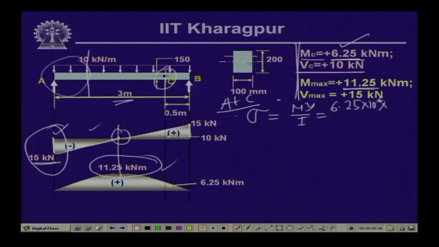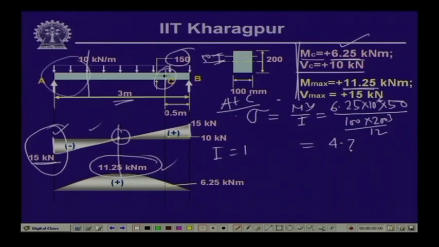Y is at a distance of 50 from the neutral axis, because this is 150 from the bottom. So, this is 50 divided by I. I is equal to 100 into 200 cube by 12, and if we compute the value of sigma, this comes as 4.7 MPa.